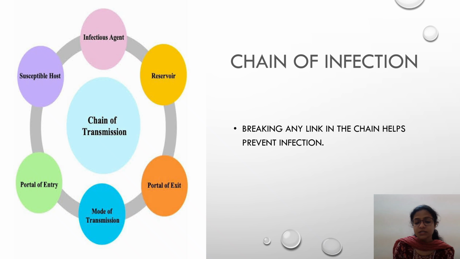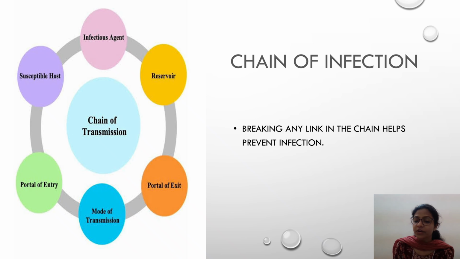So the components of the chain of infection are infectious agent, reservoir, portal of exit, mode of transmission, portal of entry, and then susceptible host. Breaking any one link of this chain can stop the spread of infection.